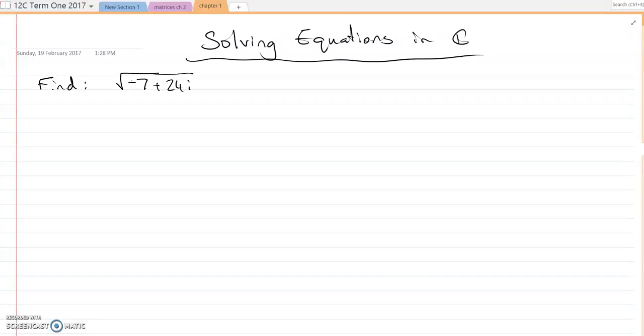Alright, one more example. We're going to want to find the square root of this complex number. Finding square roots, or finding any root or any power of a complex number, is often easier if you have it in polar form, which we're not going to do this time, but I'm just showing you.